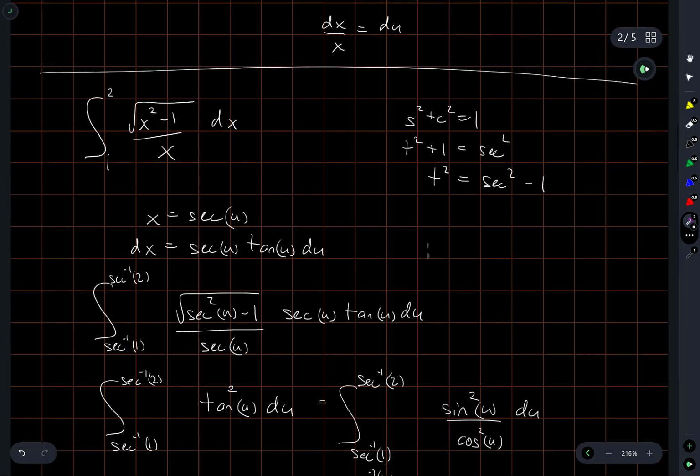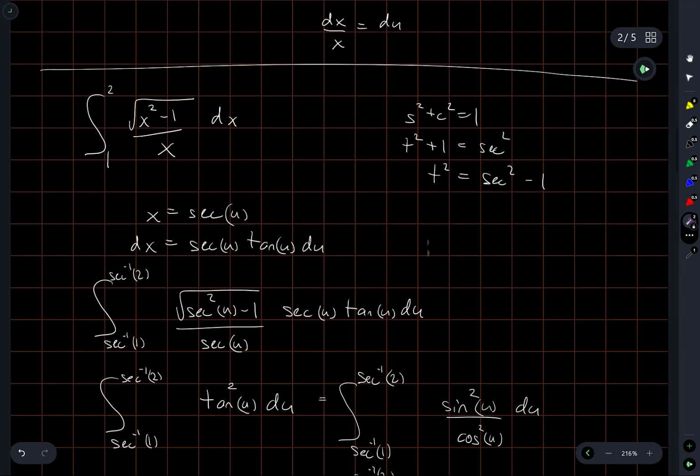Let me just check this substitution quickly. So x is equal to secant u. This is correct. Derivative of secant is secant times tan. This is correct.